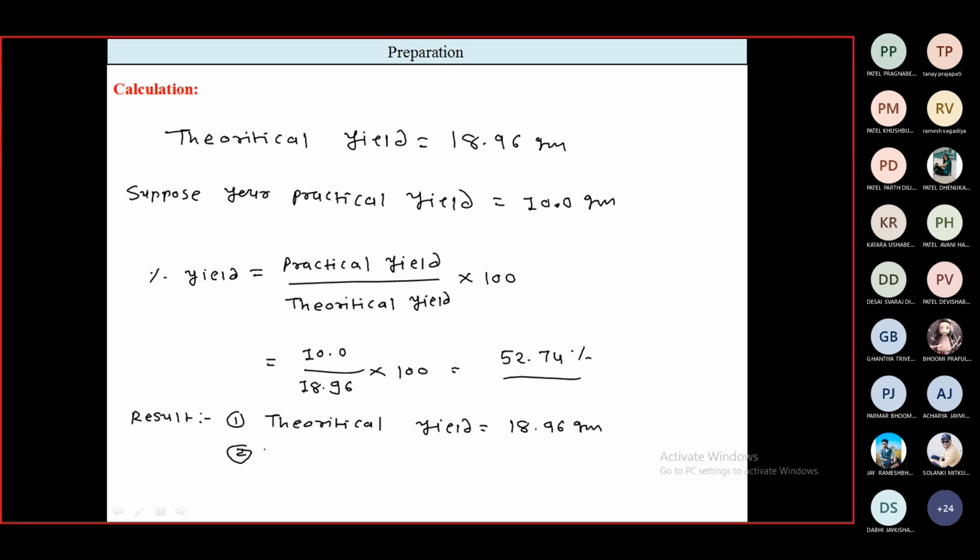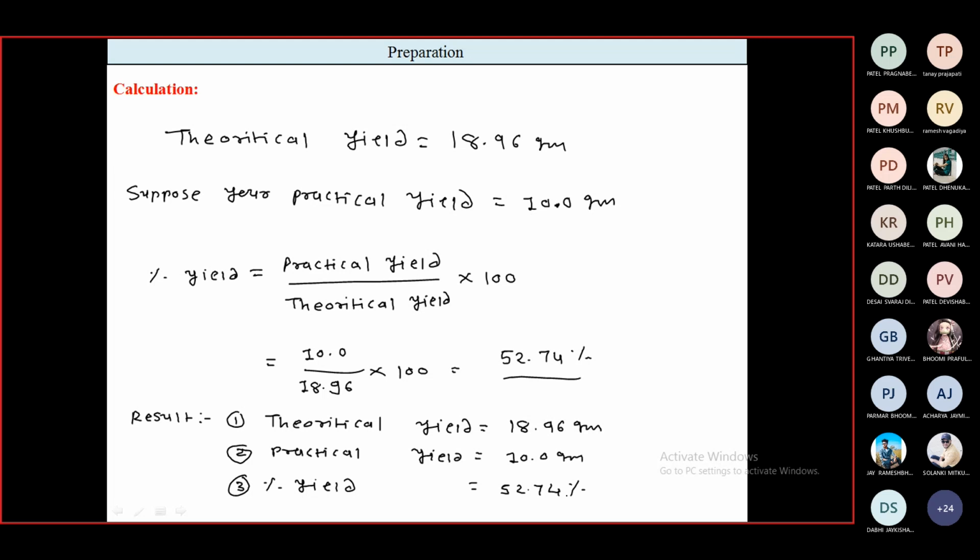Second is practical yield, equal to 10 gram, that is the weight of your product. And third is percentage of yield, equal to 52.74%. So this practical is completed.